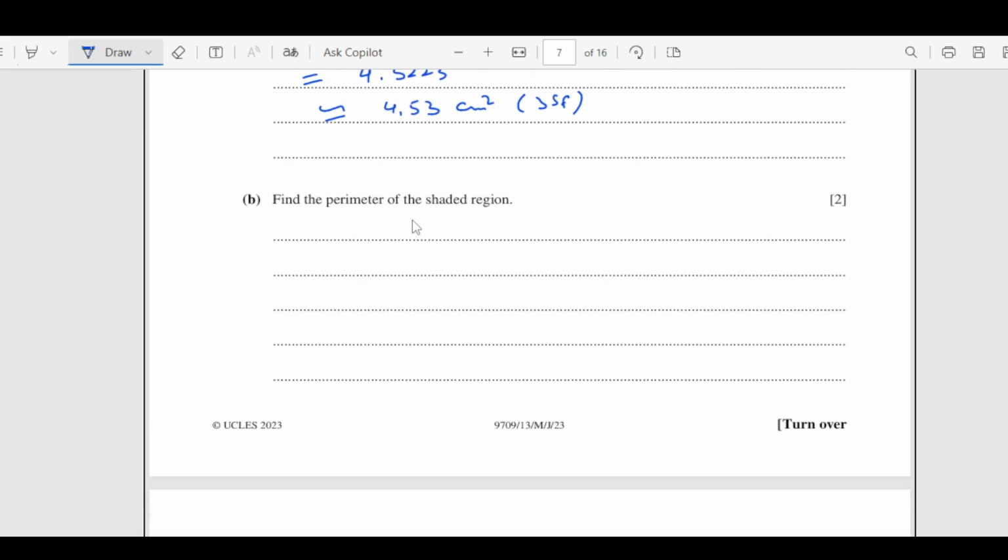So for the perimeter, let me just draw that diagram here, to make it clear. It's like this, right? So here we have the radius, this 16 centimeter, and if I draw a line in the middle, this triangle is going to become a right angle triangle, and we have this total angle was 0.6.